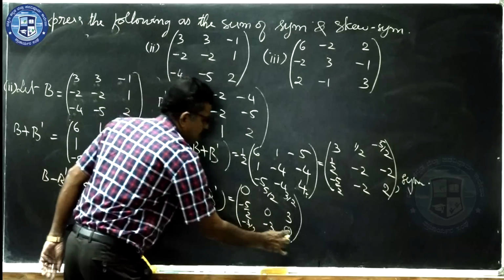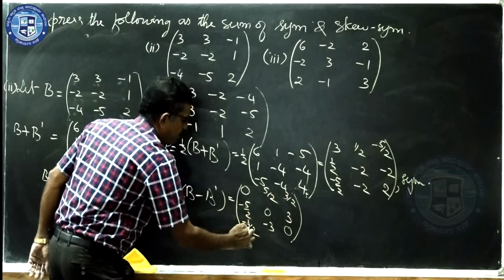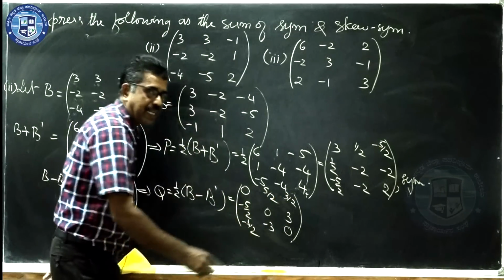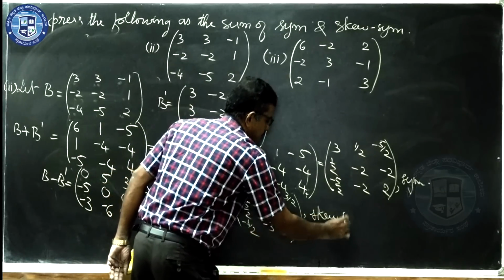Just observe that all elements of the principal diagonal are zeros and other elements which are equidistant from the principal diagonal are opposite in sign. Therefore, this indicates it is skew symmetric.